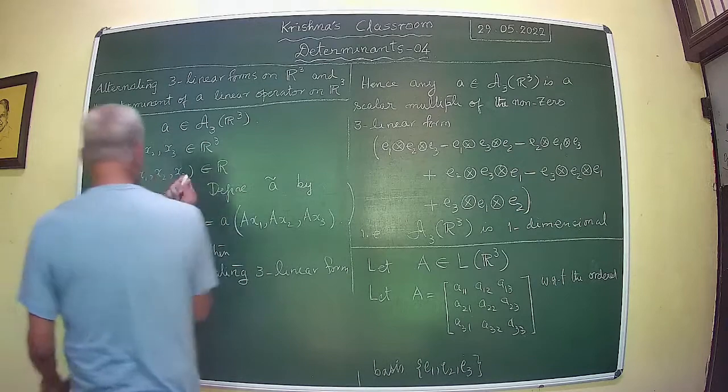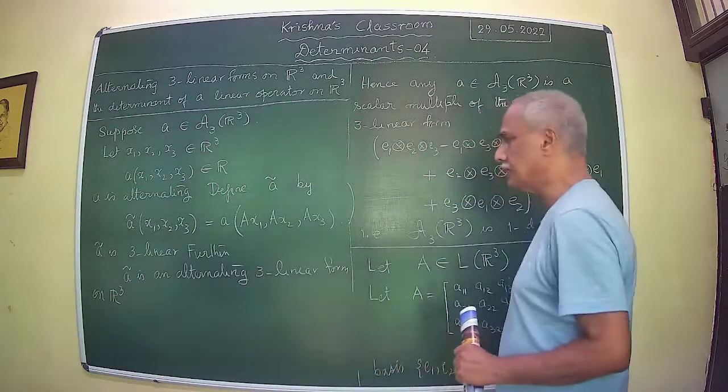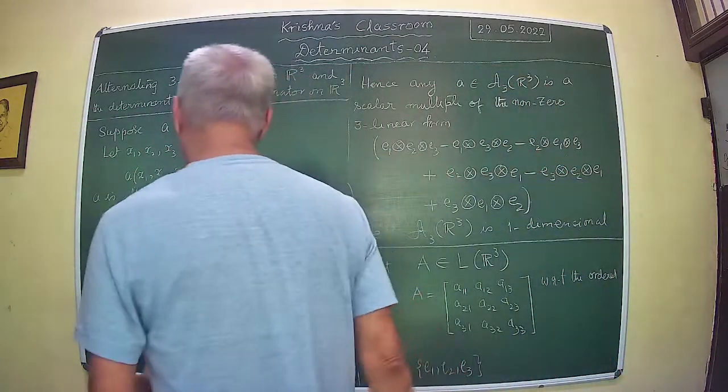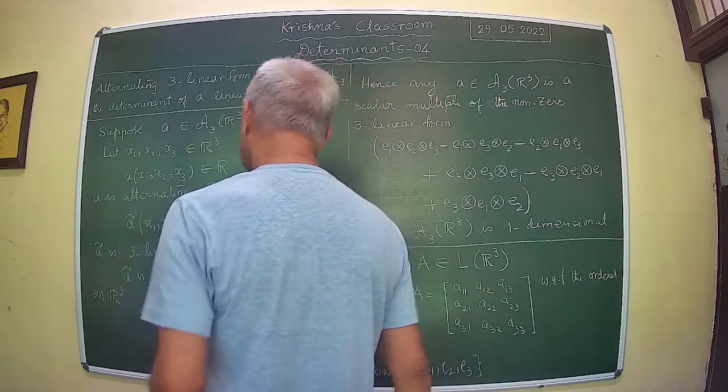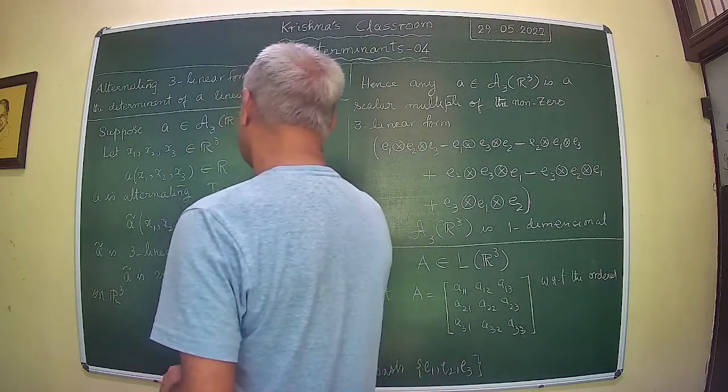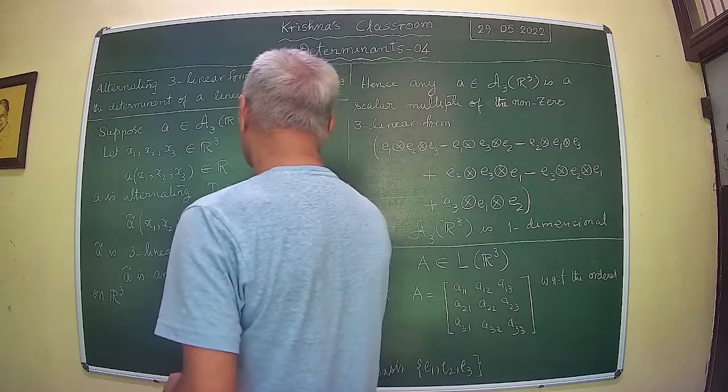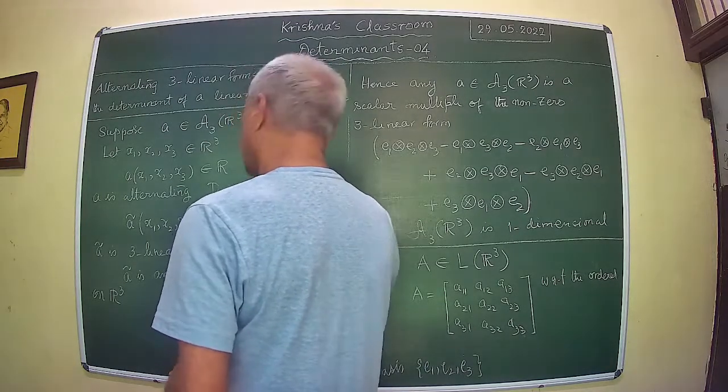Now that's very easy to prove because if you interchange x1 and x2, what happens? You have to interchange x1 and x2 here. When you interchange x1 and x2, you are interchanging Ax1 and Ax2.